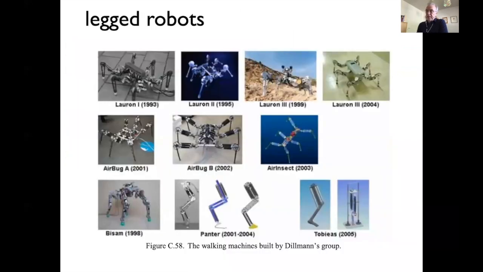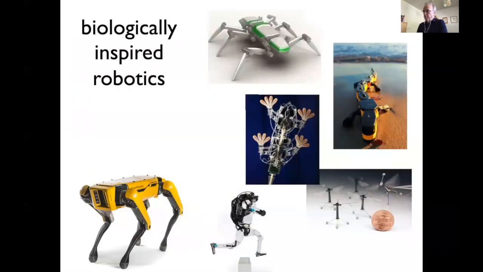Another form of vehicle are legged robots, which are vehicles also because they move around the world carrying the sensors along. They are very often inspired by biological analogies, insect-like robots or salamander-like robots, dog-like robots. This is actually a human-like robot. It's also an animal. And they provide a form of locomotion, so they are vehicles in that sense.